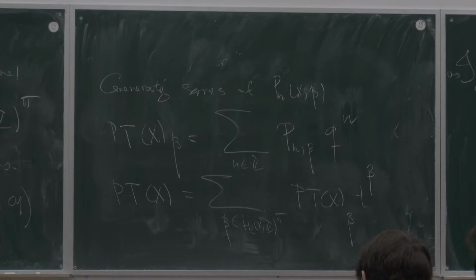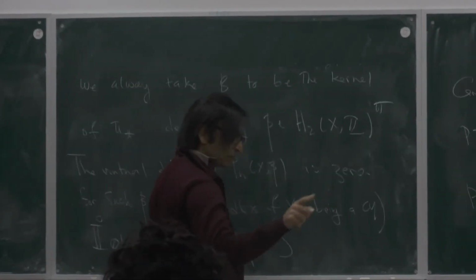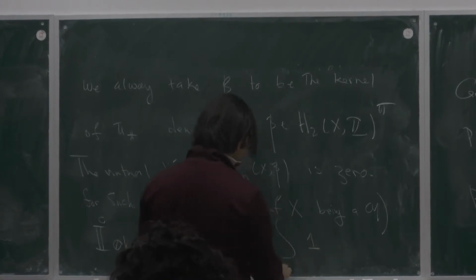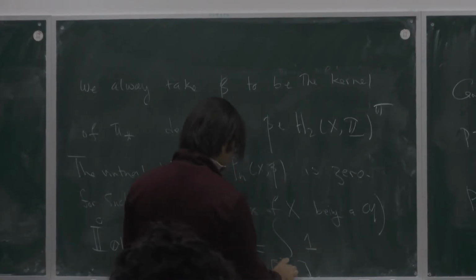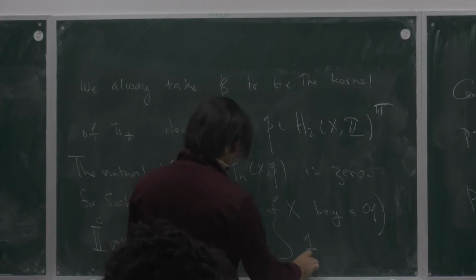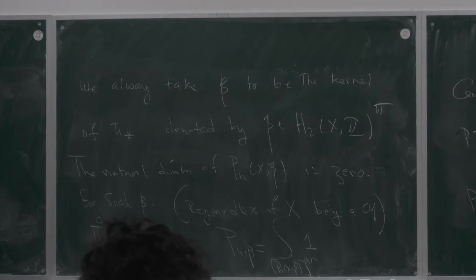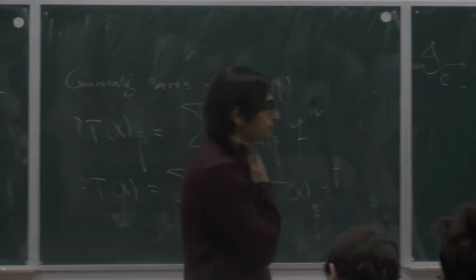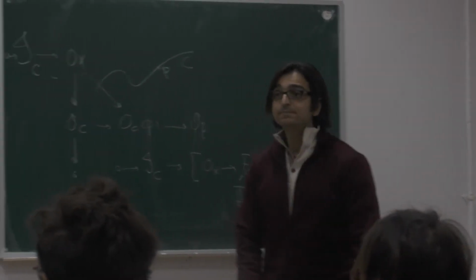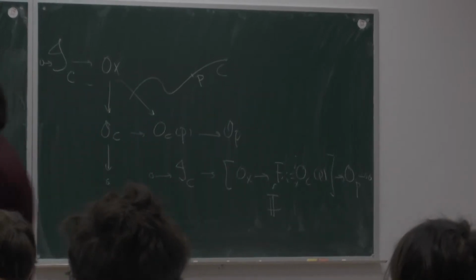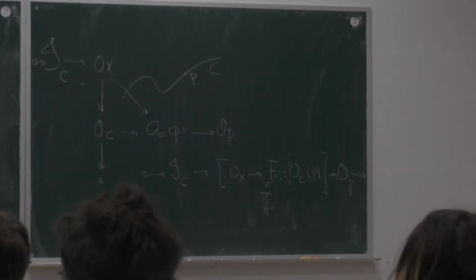But the virtual class is 0-dimensional, so you integrate 1. You count points basically. That's the definition. Okay. Is it clear that it is always finite? It is always finite, right? Yes. For every fixed n and beta.